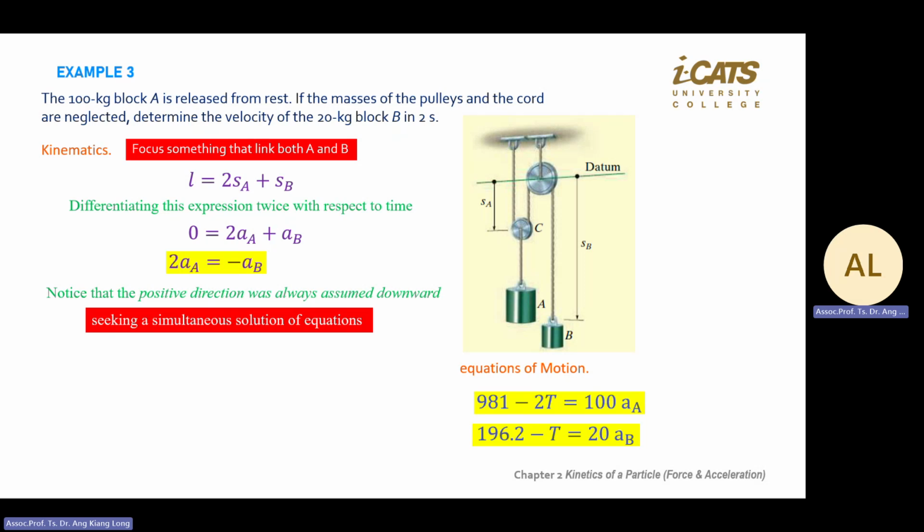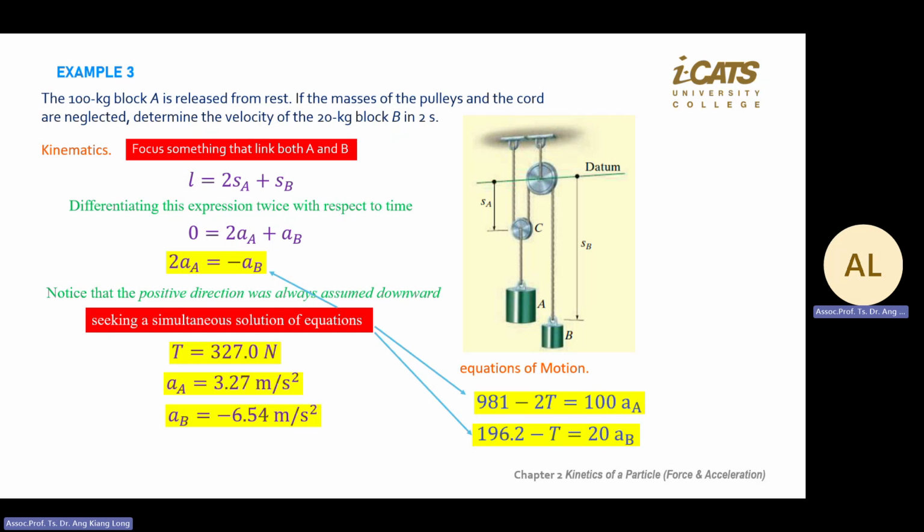Solving these three, you get aA, aB, and T. That part, if you don't know how to do, then you need to go back to your mathematics lecturer. The answer: T equal to 300 something. A is 3 something. B is minus 6 something.